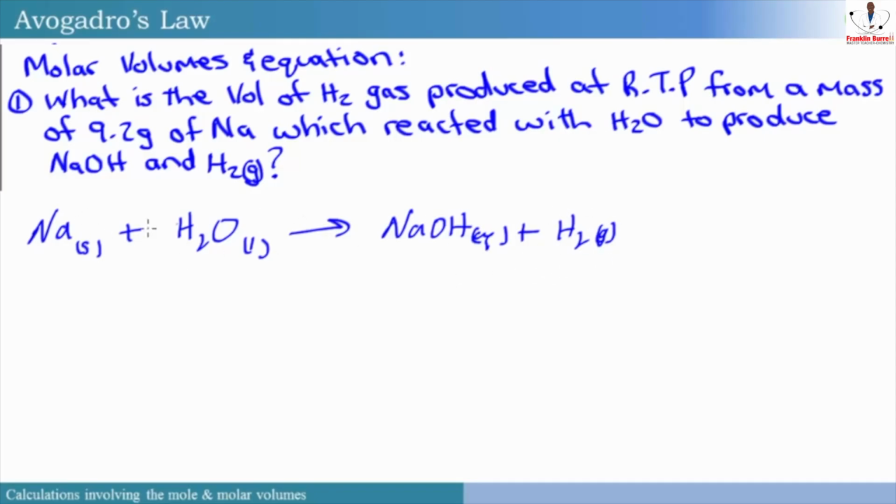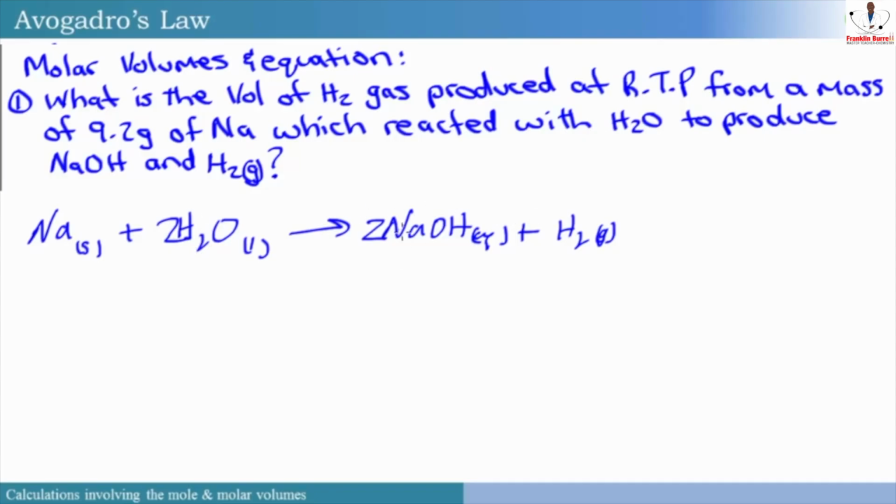So we have 1 Na, 1 Na, 1 O, 1 O, and 1 and 2, so 3 H's. Again, we want to make sure we have even numbers. So we're going to use whole numbers to balance in front of the compounds or the elements. Since I have 3 here, I want to get an even number, so I'm going to put 2 here to get 4, and then put 2 here, 2 times 2 gives me 4 hydrogen.